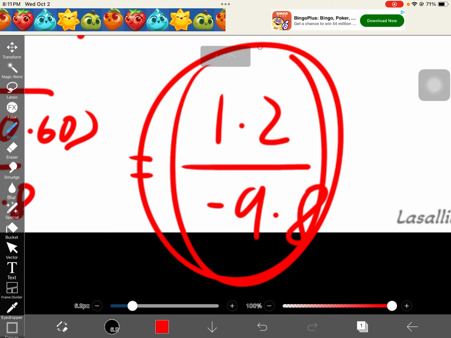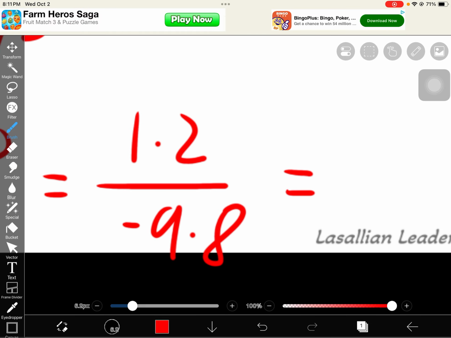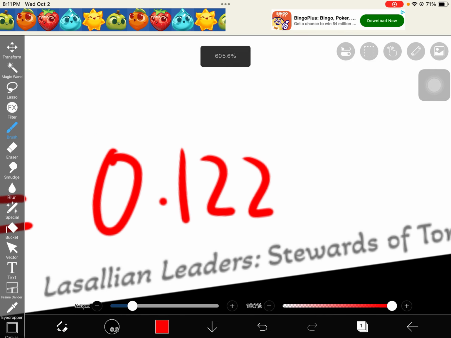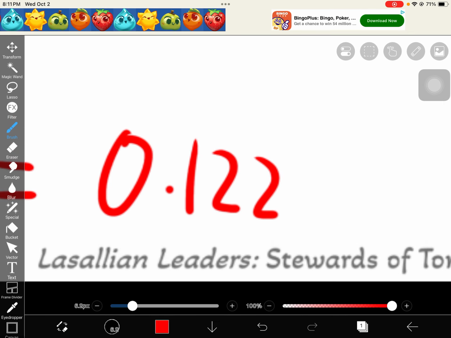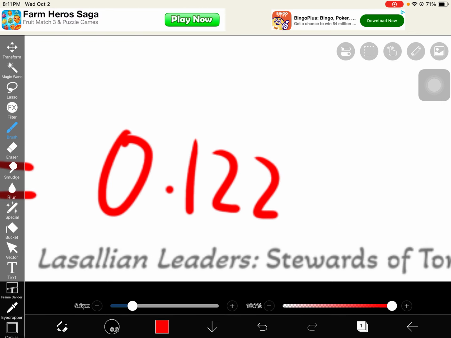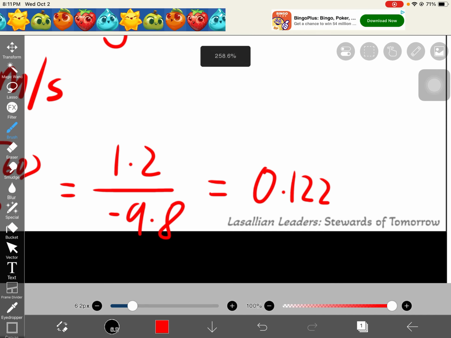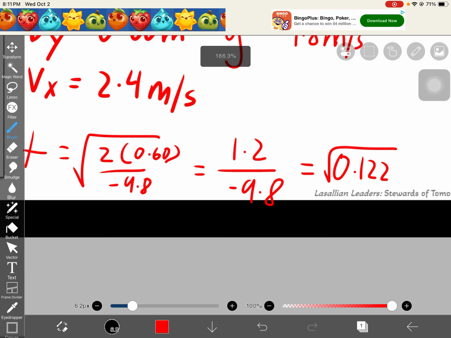Dividing these gives us 0.122. There are more numbers, but I rounded off to 0.12. Now don't forget we still have to take the square root.